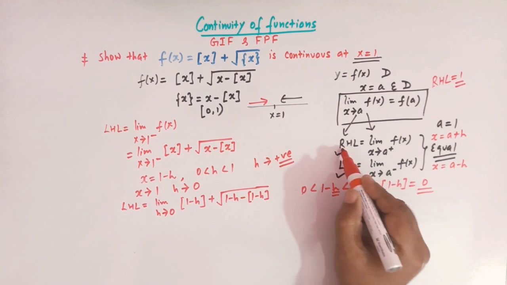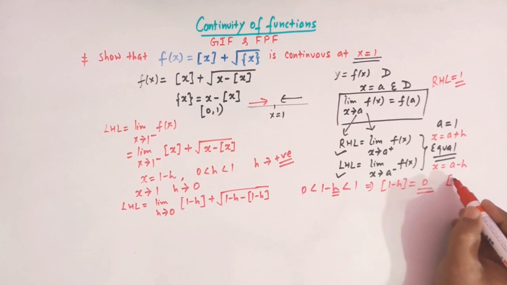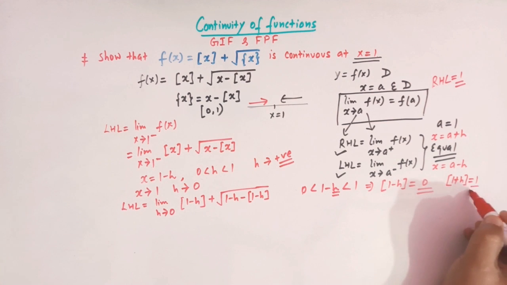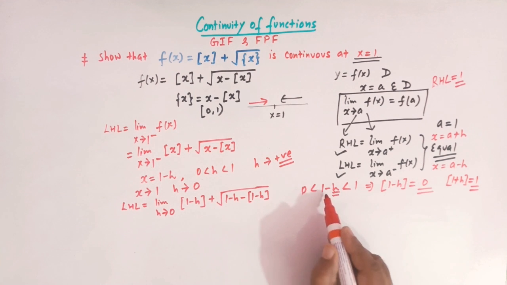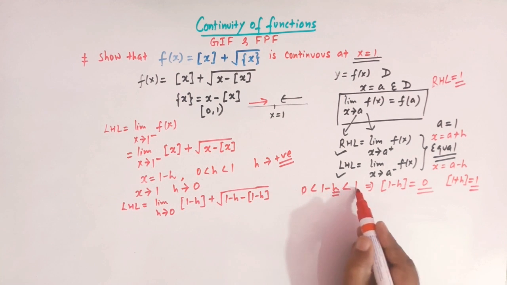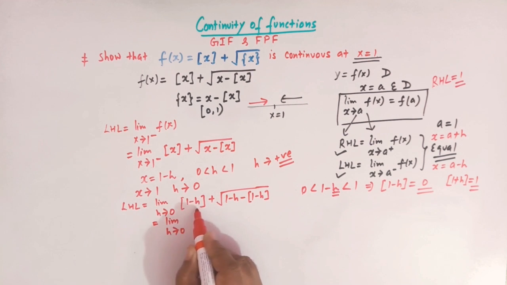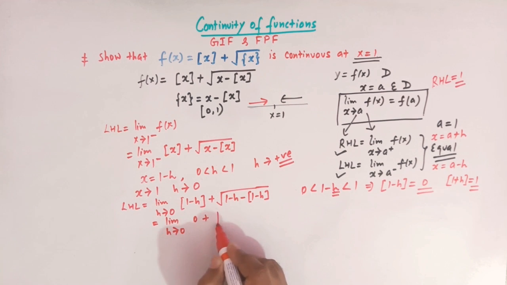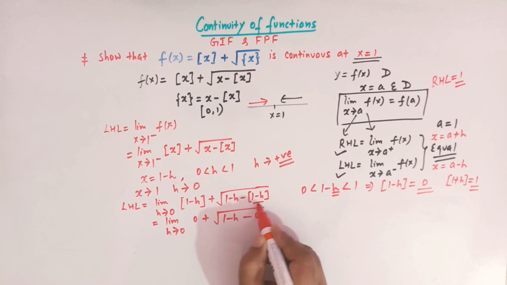See, in the case of right hand limit, we had the value of greatest integer of 1 plus h as 1, right? But here the greatest integer of 1 minus h is 0, as 1 minus h lies between 0 and 1. So now this limit takes the form, here we'll now write 0, and we have 1 minus h, and here we have 0, right?